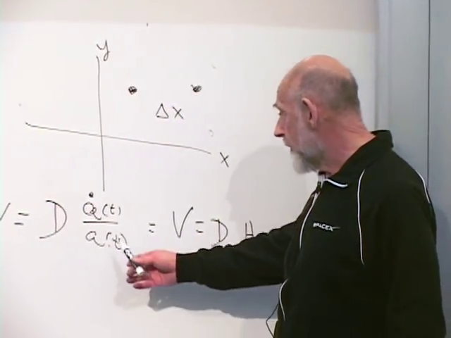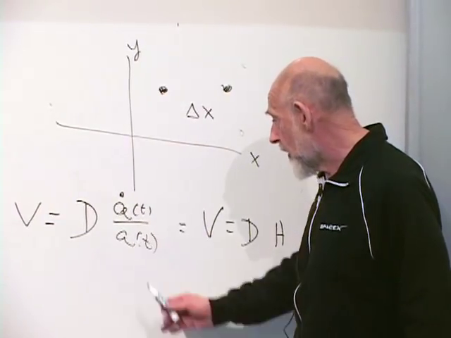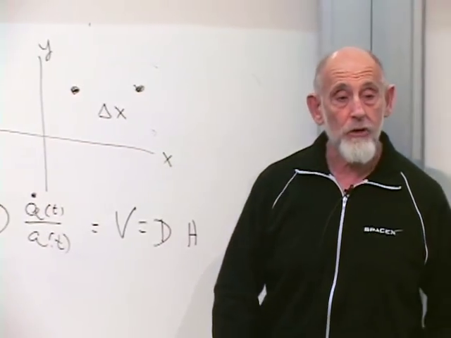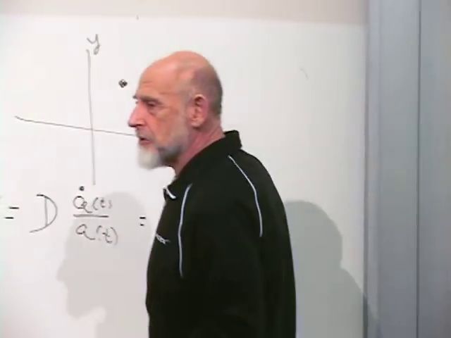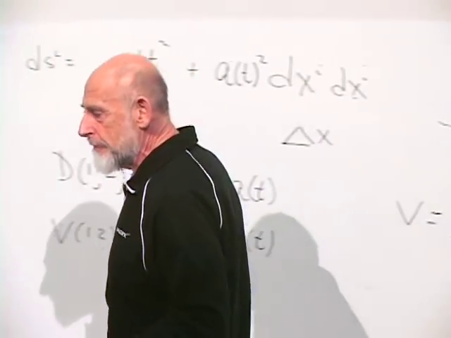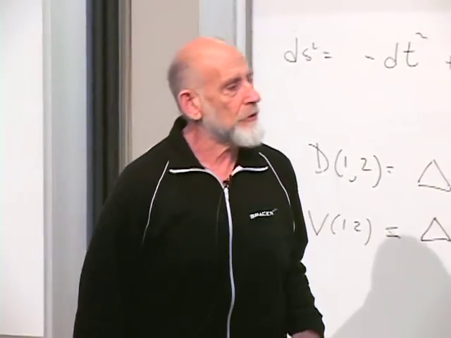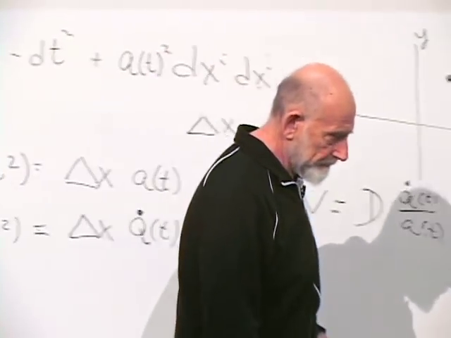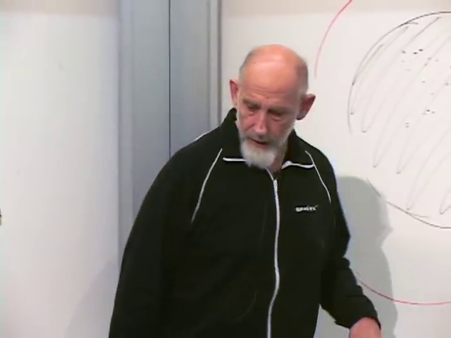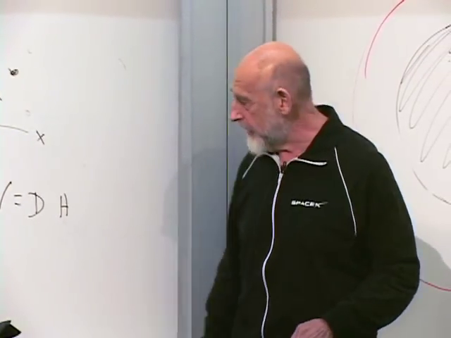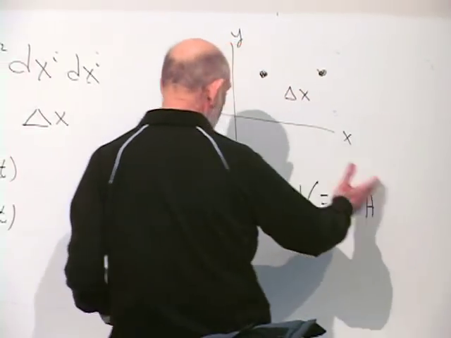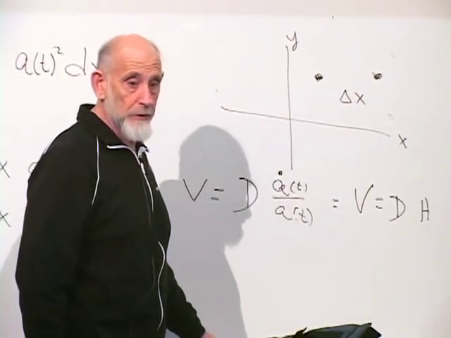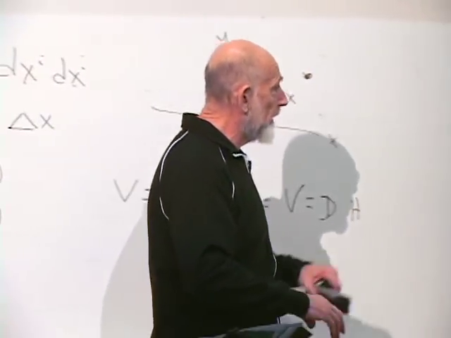And the ratio between velocity and distance is given by a dot over a, which doesn't depend on position, but does depend on time. So the Hubble constant is a bit of a misnomer. It's certainly not constant with respect to time in general, but it is independent of the pair of points that you're talking about. This, of course, is Hubble's law, law of expansion, velocity.